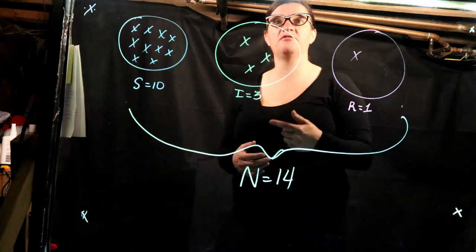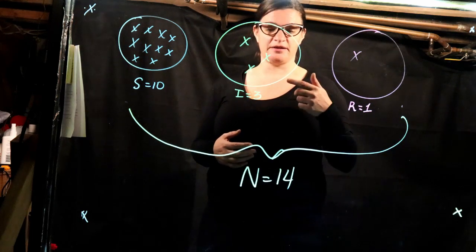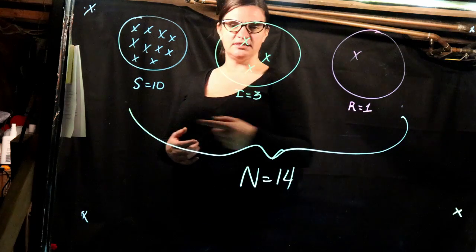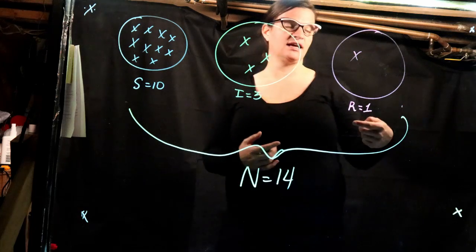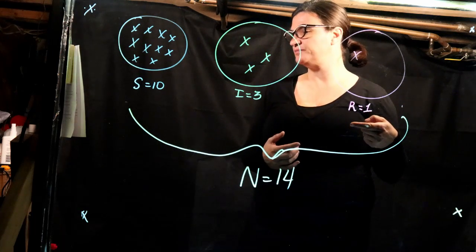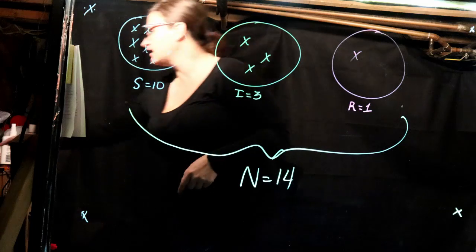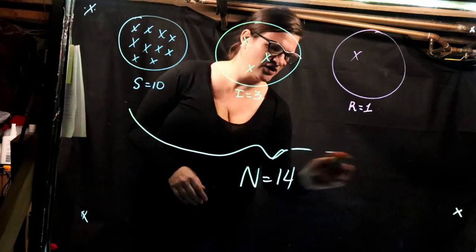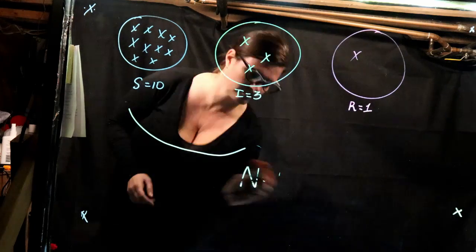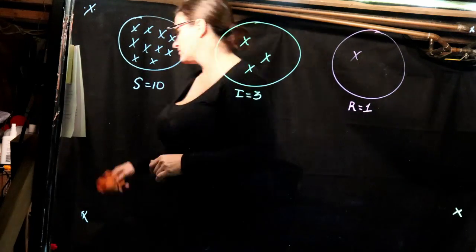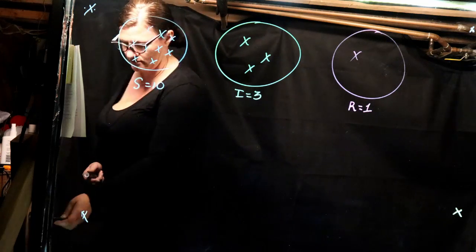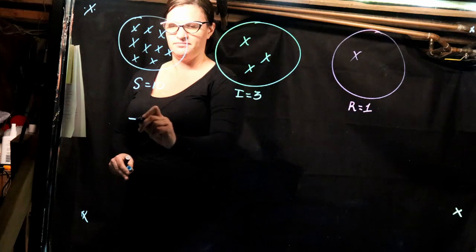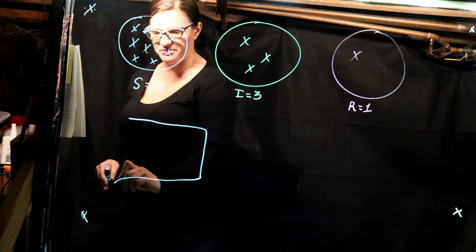So we divide that host population into susceptible individuals, infected individuals, and recovered individuals. And now we've got to... Okay, so one of those bins is going to be babies, new individuals that come into the population.